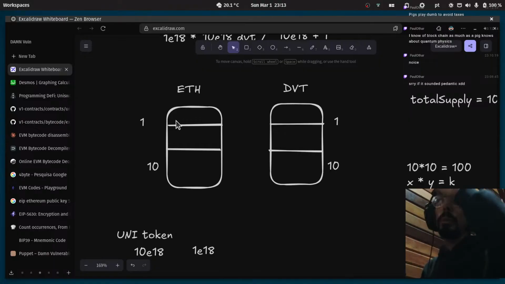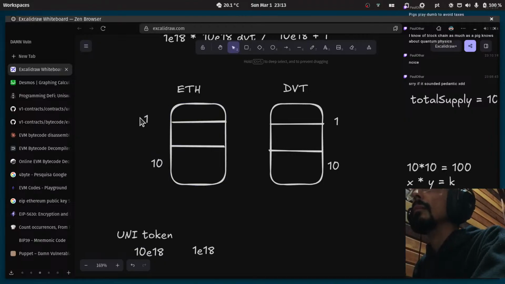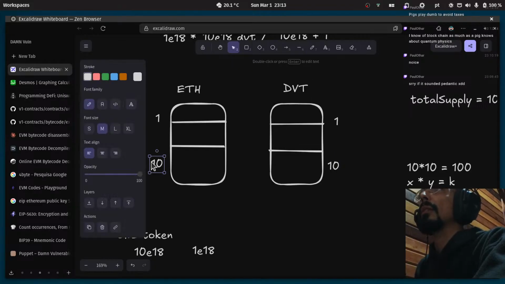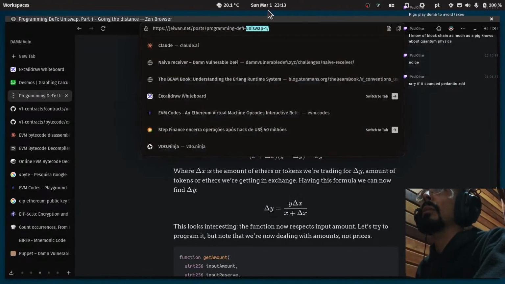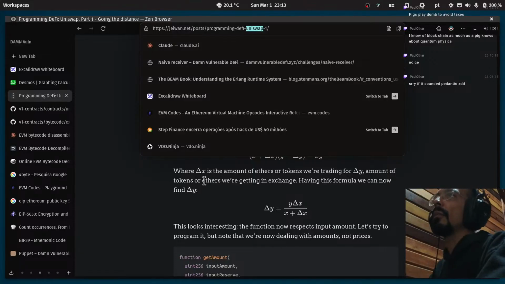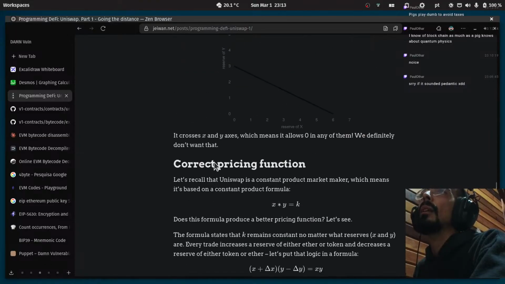Yeah, so we have a pool with 2 tokens. That's not a line. And they need to figure out a way to give prices for stuff. So here we are reading the post where they describe the first version of Uniswap. Uniswap was the first decentralized exchange on the blockchain that created the primitives we're seeing now.